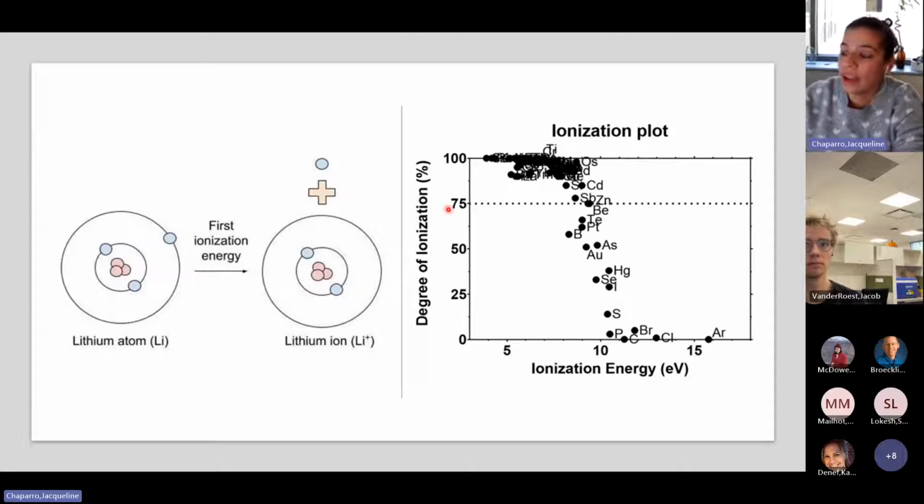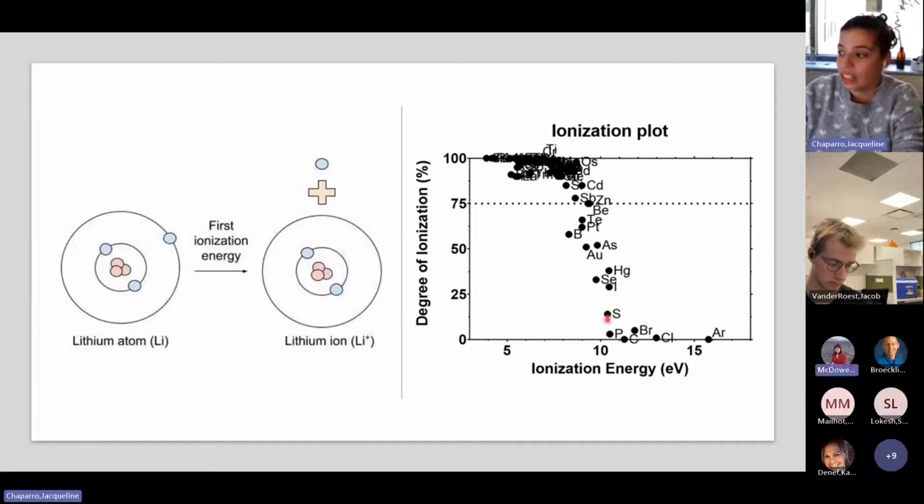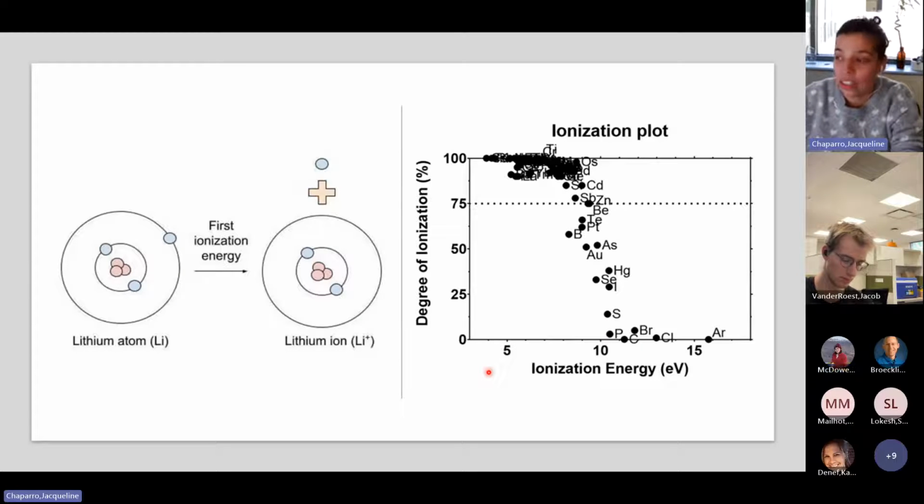And you can also see that for the most part, the elements have greater than 75% ionization using argon at this temperature, whereas there are a few elements that not only have a higher ionization energy, but also a lower degree of ionization, such as selenium and sulfur, which then affects the limits of detection.